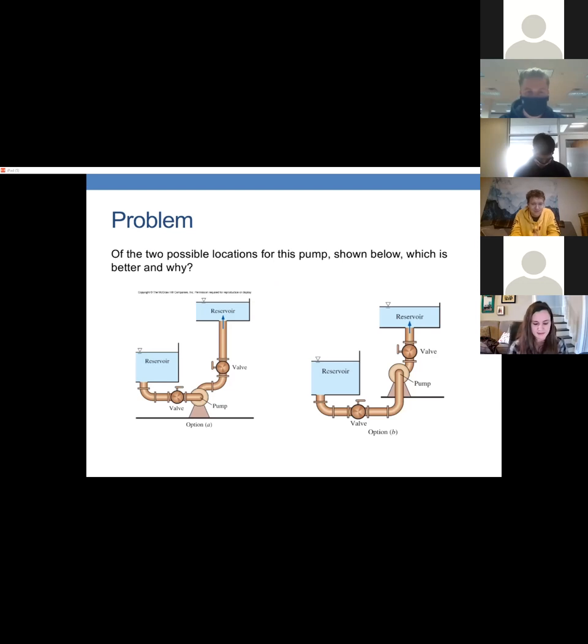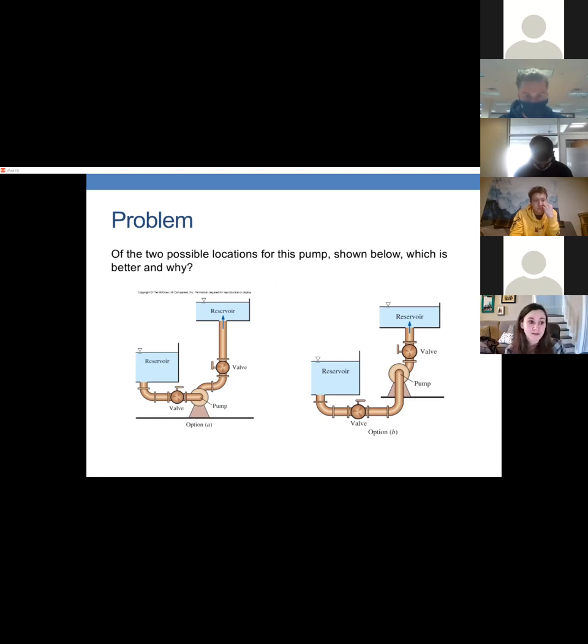So, a couple things then. Of these two examples, which location of the pump is better for preventing cavitation? The one on the left, A or B?